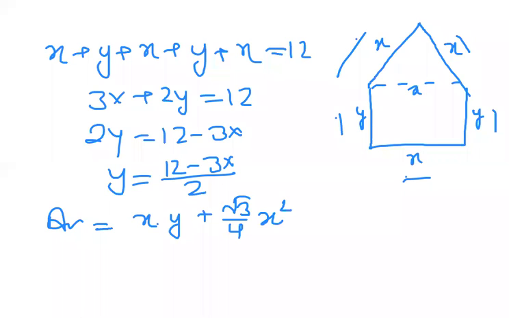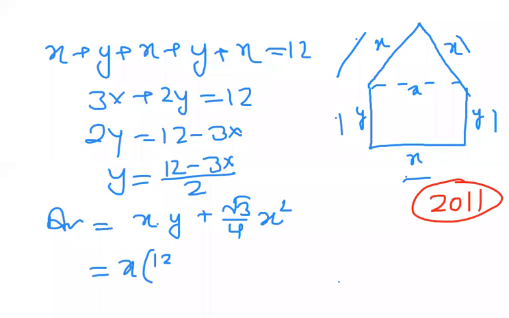I've told you already, 2011, this question has come in the board examination. Now we are going to put the value of y in it. So it will be x into 12 minus 3x upon 2 plus √3 by 4 x square. This has become the function of x.